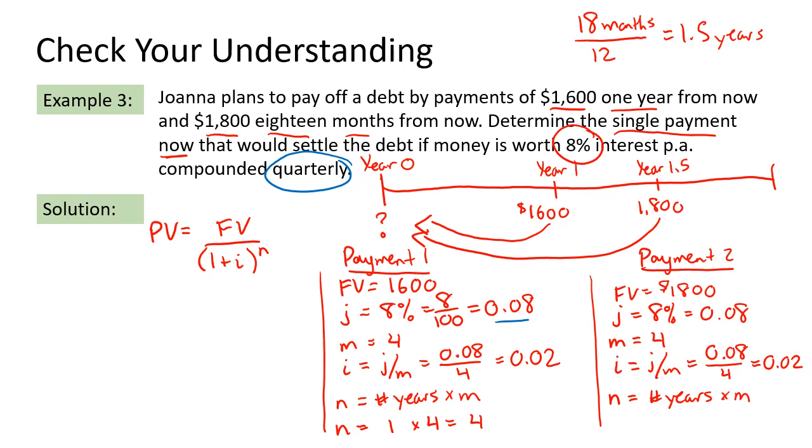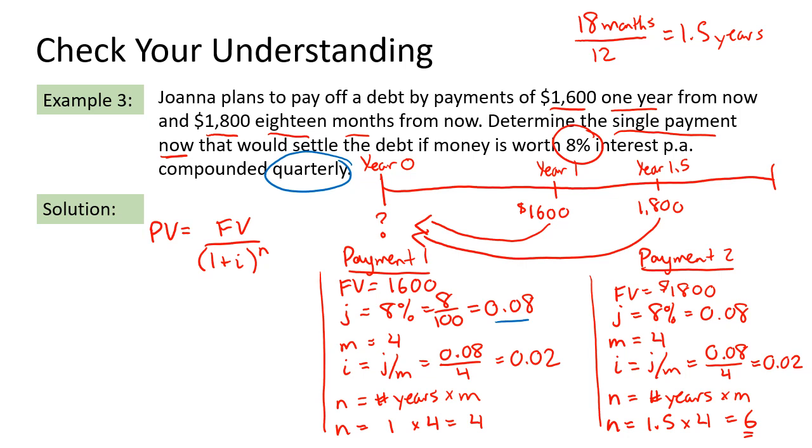And our number of years for the second payment is 1.5, right? Because we're 1.5 years ahead of the time period we are right now. So our N becomes 1.5 multiplied by 4, the number of compounding periods per year, and that is equal to 6. So, like I said, we have to take both these payments and find the present value.